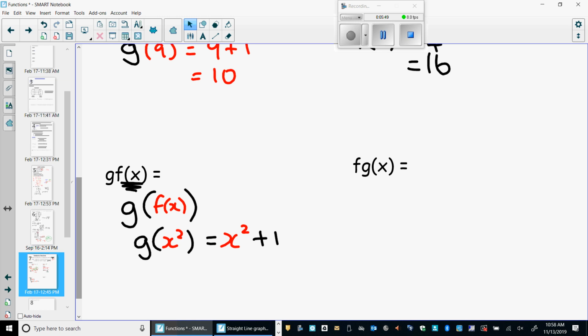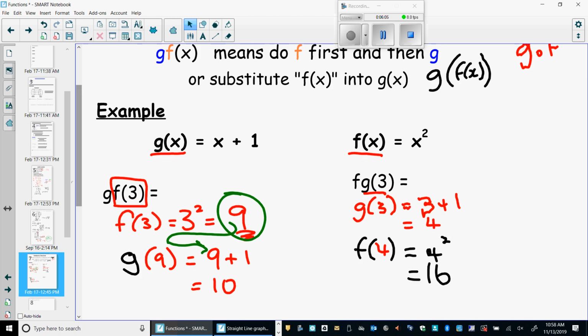So that function for f of x is being substituted into g of x. So f of x was x squared, g of x was x plus 1. So this is going to go in place of anywhere we see an x in this original function. Yeah?